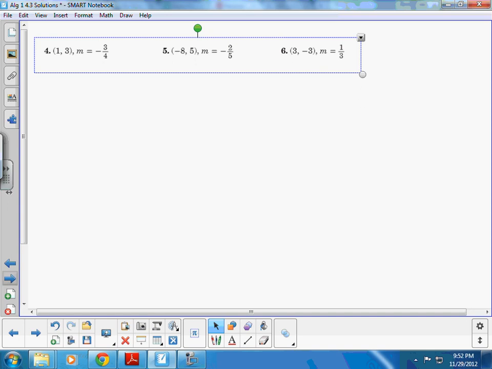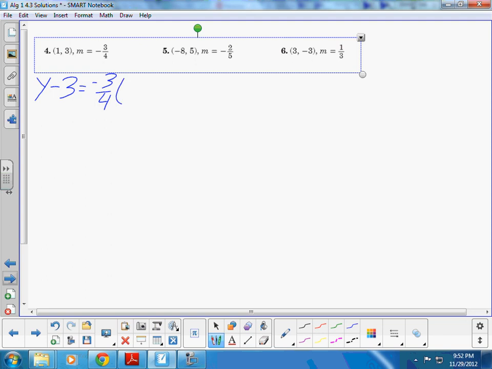Number 4, the answer is y minus 3 equaling a negative 3/4 times the quantity x minus 1. And again, our y1 is 3, our slope is a negative 3/4, and our x1 is 1.